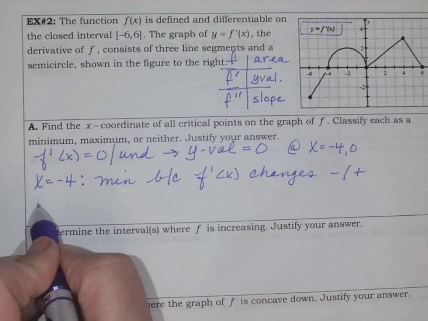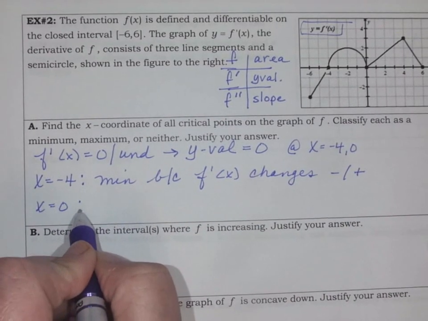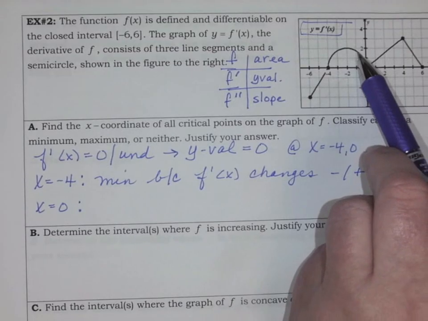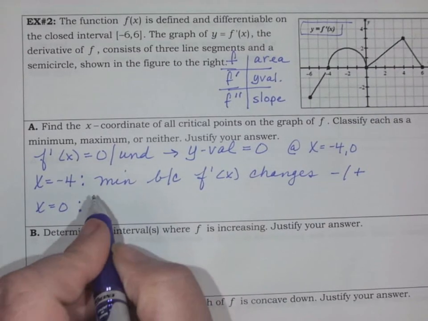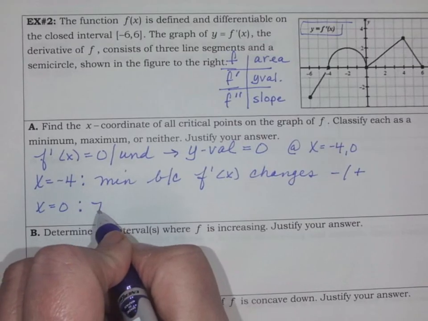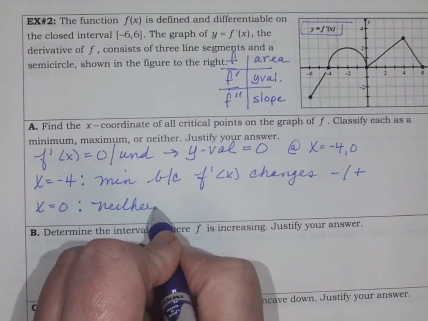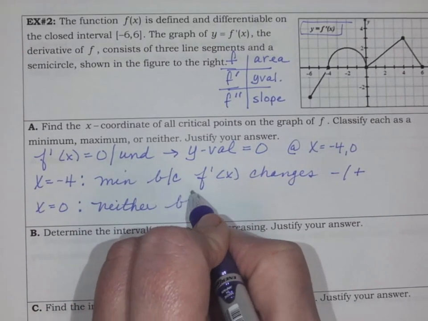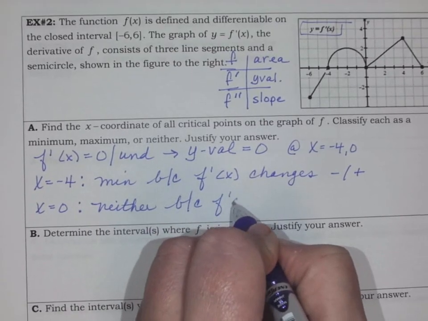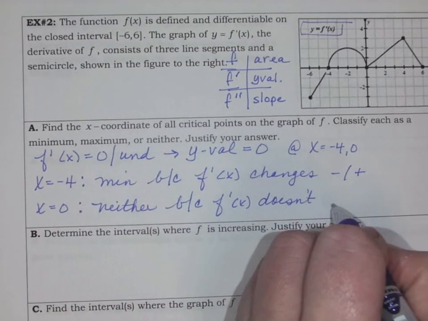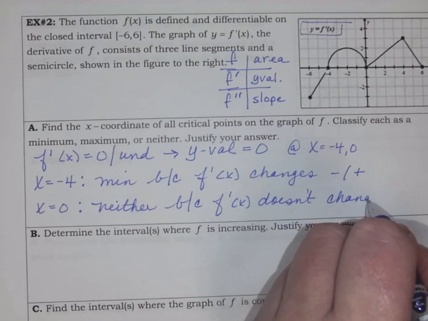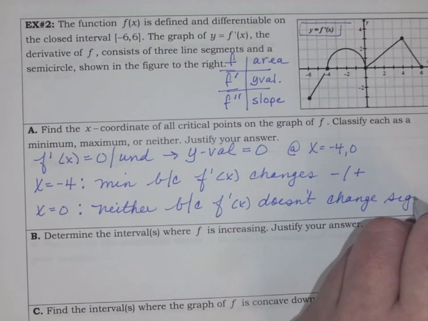At 0, our y values are going from positive to positive. So we're not changing sign. So we would say we have neither, because f prime doesn't change sign.